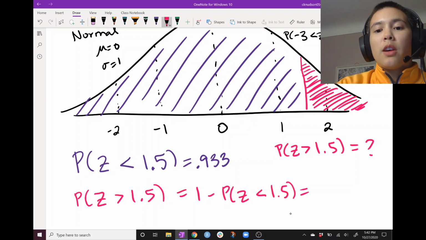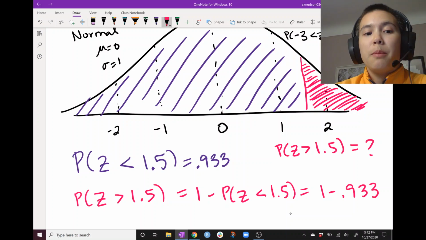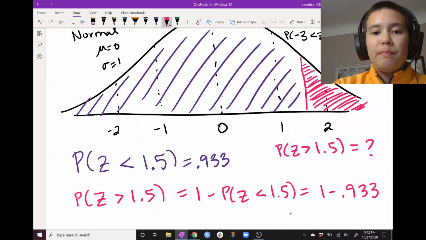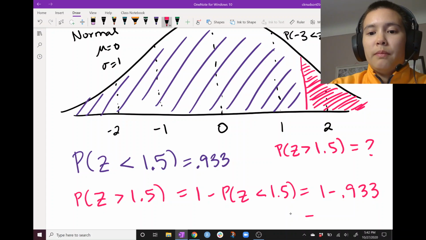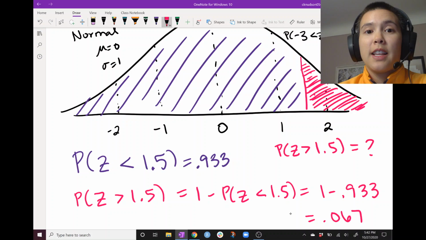So in other words, 1 minus 0.933 would be the probability that z is greater than 1.5. Okay, so this pink area here is 0.067.